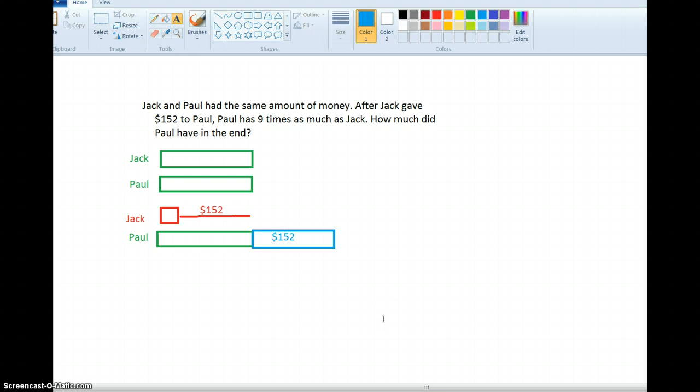So what is the difference between how much Paul has and how much Jack has? Can you see? The difference between how much they had would be 152 plus another 152. Alright?